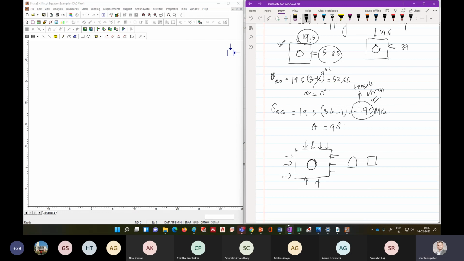Okay, this is clear. Even if the compressive stresses are there, it can generate some tensile stress based on your excavation. That's why this FEM modeling or the calculation of the stresses becomes very important when you design something. Is this clear?